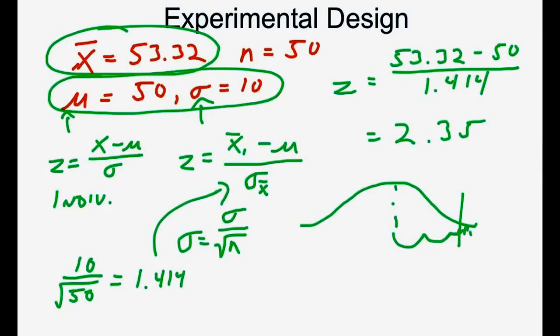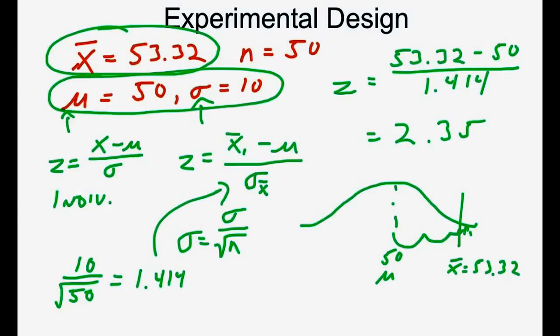And how likely is it that we would get, by randomly drawing a sample from this population with a mean of 50, that's our mu, and we had an x bar of 53.32, a sample that is 2.35 standard errors away from the mean?